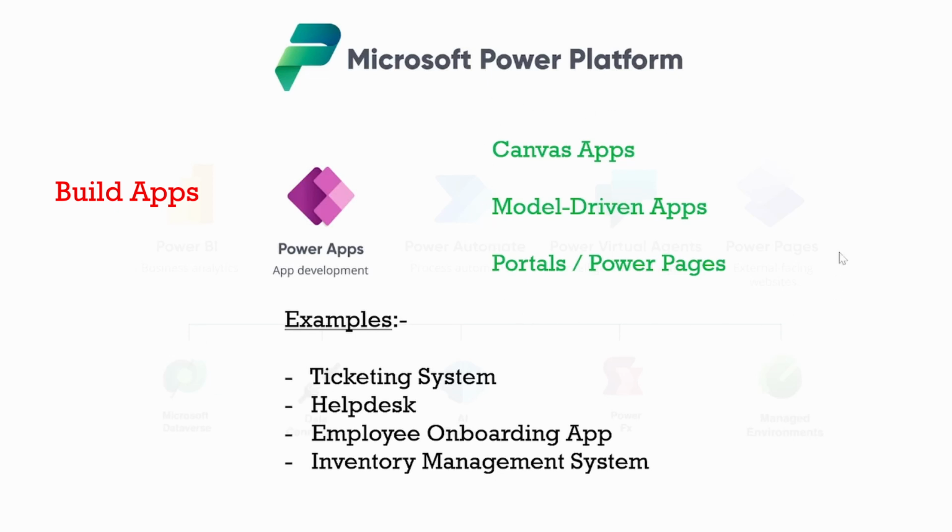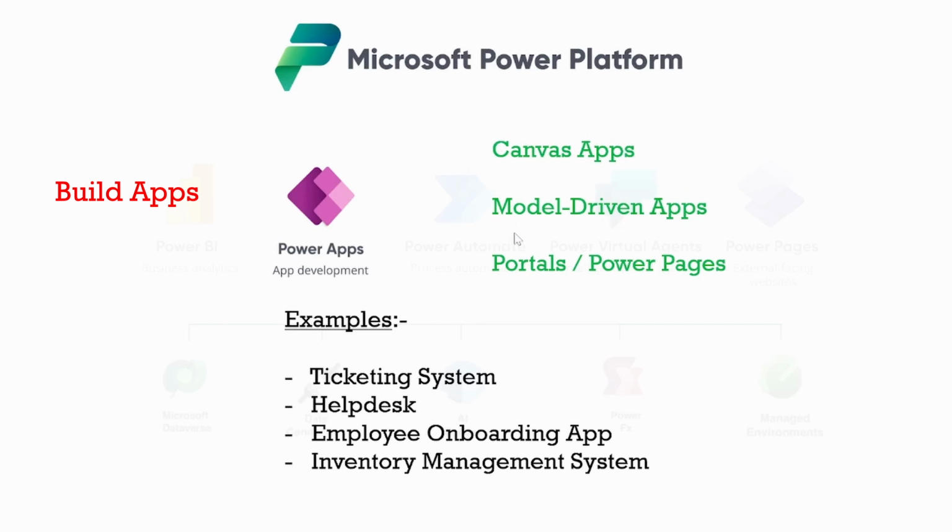So there are 3 components that I would like to talk about in Power Apps. First is Canvas Apps, which helps you customize an application on your telephone, tablet, or PC. You can create an application from scratch, thus the name Canvas.